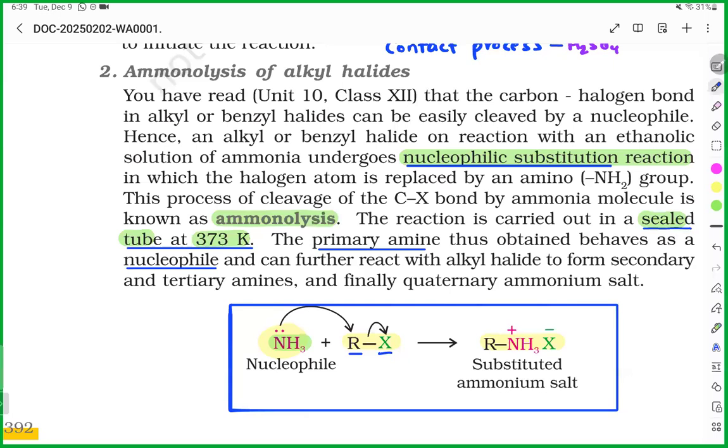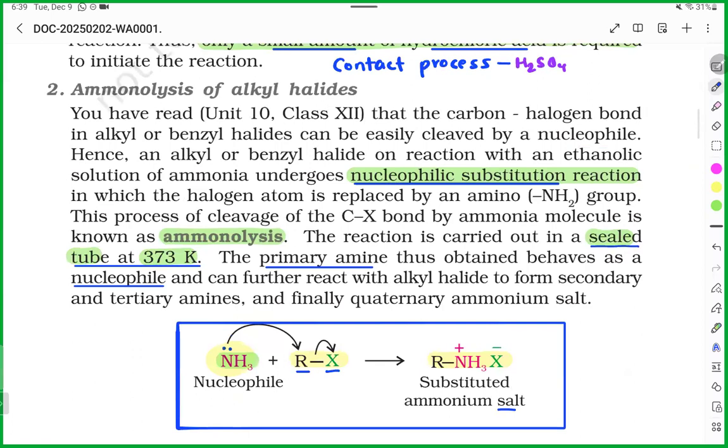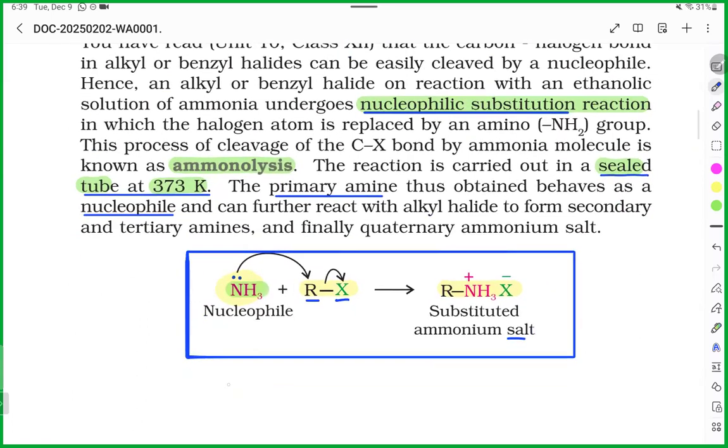How? Because of the lone pair, it attracts the positive charge toward it. First it forms salt, but it is called nucleophilic substitution reaction because overall, what happened?